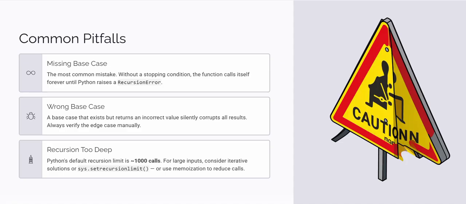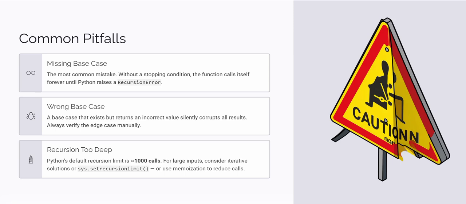So the third pitfall is the recursion limit. Python's default recursion limit is approximately 1000 calls. You can only call a function about 1000 times. Okay. If you go beyond that, that may not be possible in Python.